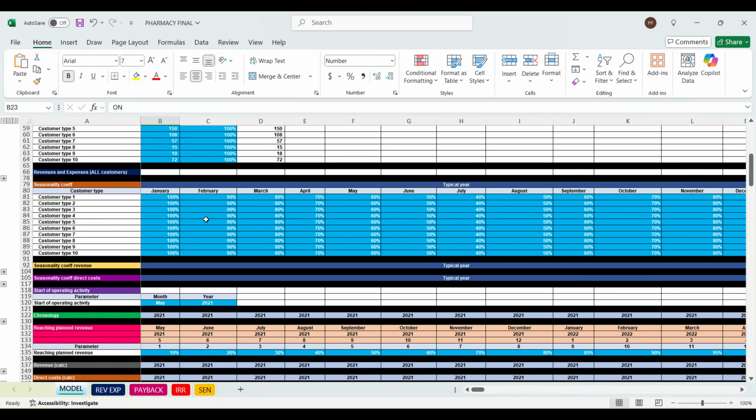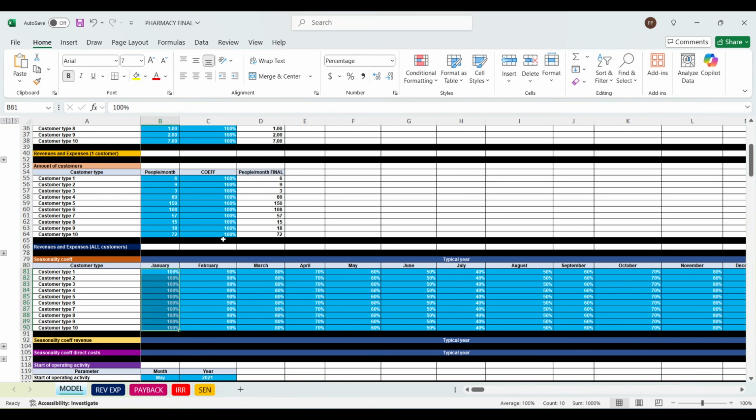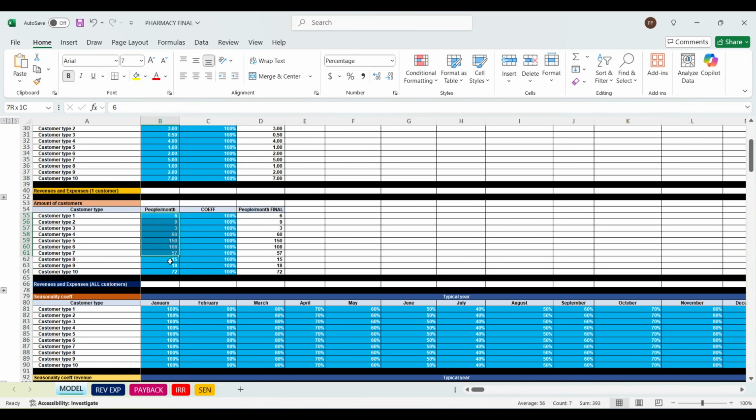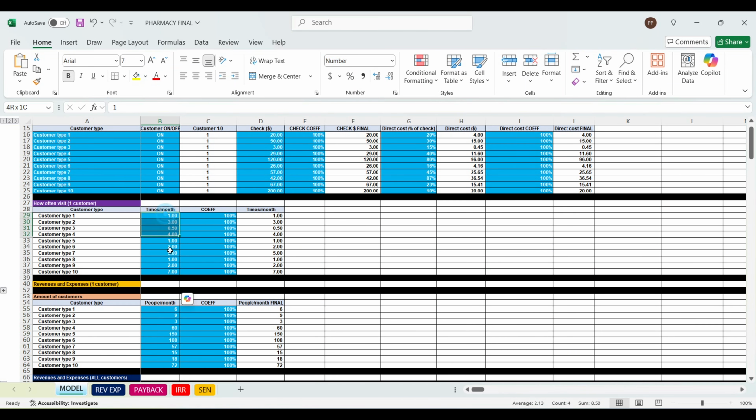Then we need to understand that our pharmacy business may or may not have seasonality. This means we need to create a block of inputs for the seasonality. So we have 10 types of customers, and 100% means that we are staying at these basic levels.